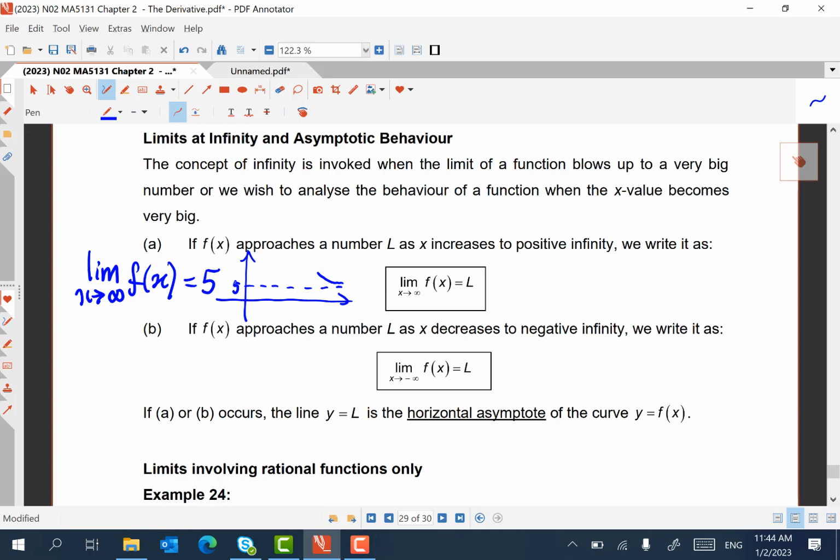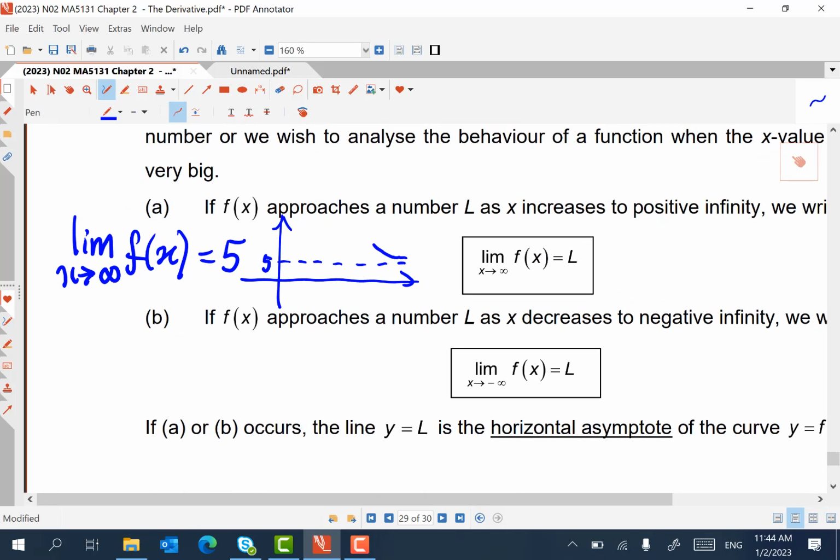Now, many times, when you talk about asymptotes, you have all learned very well. If I ask any of you, for example Lawrence, what are asymptotes?